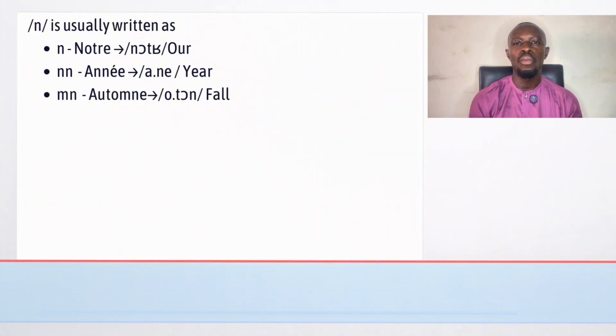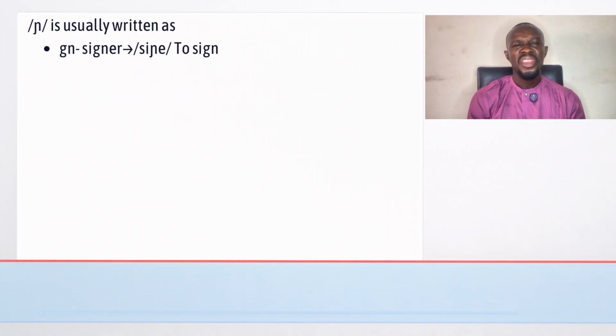Or anywhere you see a double N, it gives us année. Then anywhere you see M and N following each other, you pronounce it as N. For instance, you can see it in automne. The nye sound is usually written as GN. So you can see it in signe.